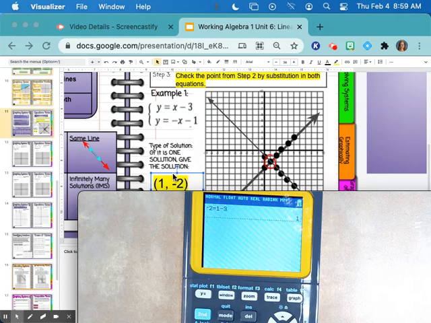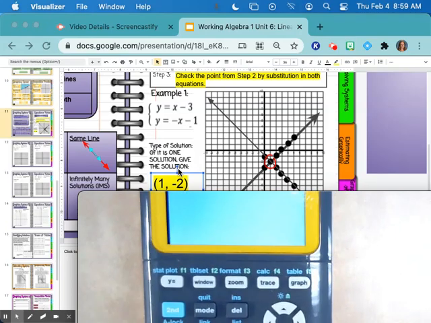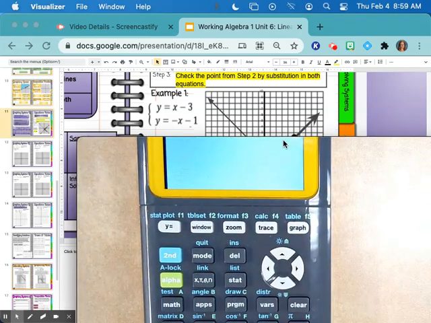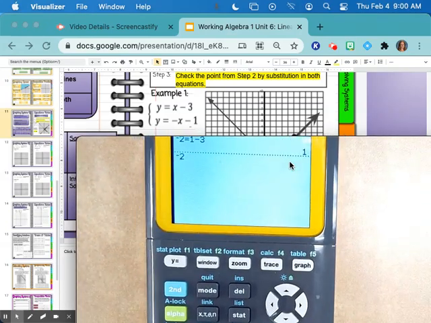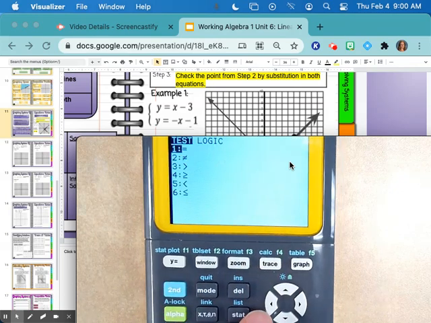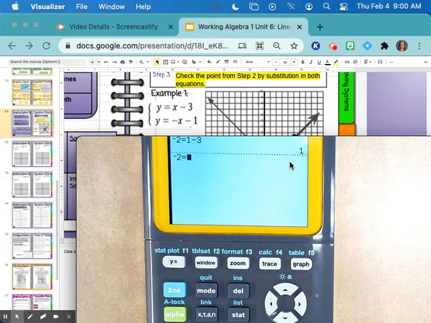So the y is negative 2, so we'll do negative 2 and then do the second math, which is test, equals negative, and then the x is 1, right? 1 minus 1. 1 means it's true. If it came out 0, that would mean it's false.